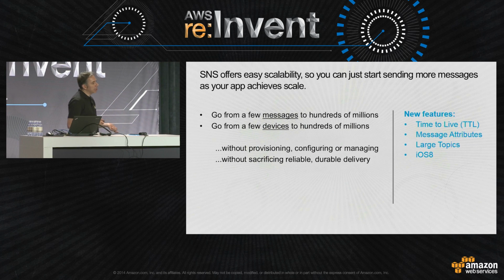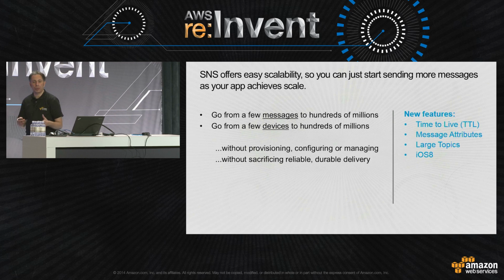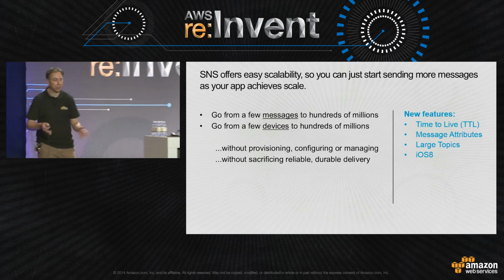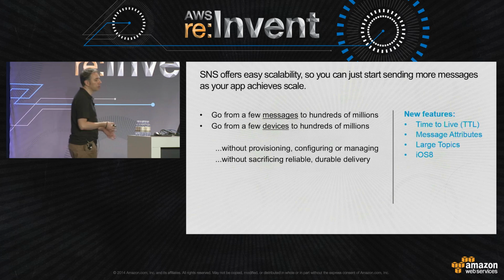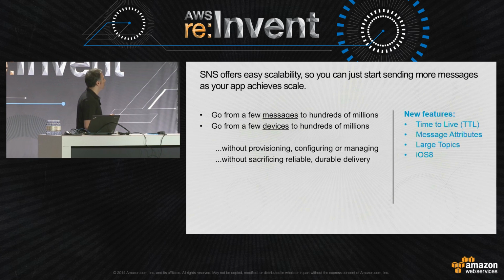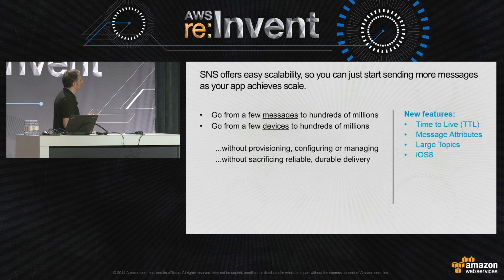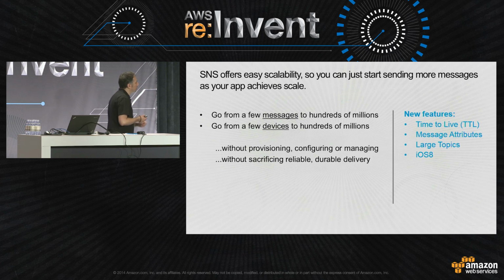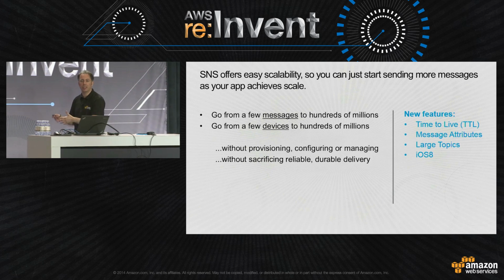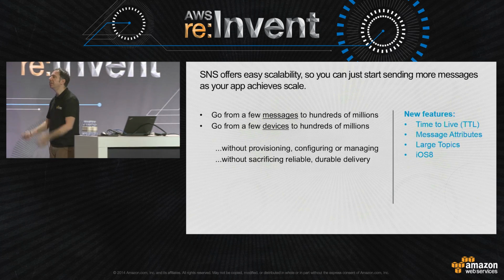So with SNS, you can really choose, because you pay for the messages you send, so you can send a few messages to a few users or scale to millions of messages to millions of users very easily and very quickly. You don't have to do any provisioning. And we also manage new features, like for example, when iOS 8 introduced new interactive notifications, they were implemented in the platform so that you can use that easily without having to update your own middleware.